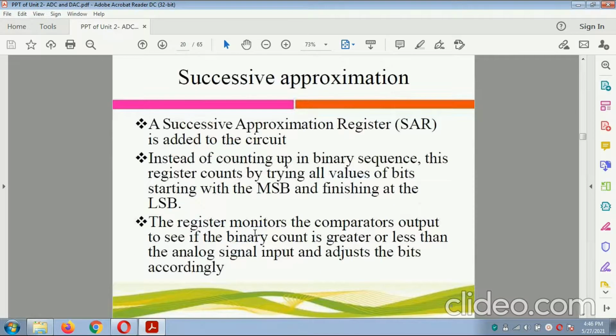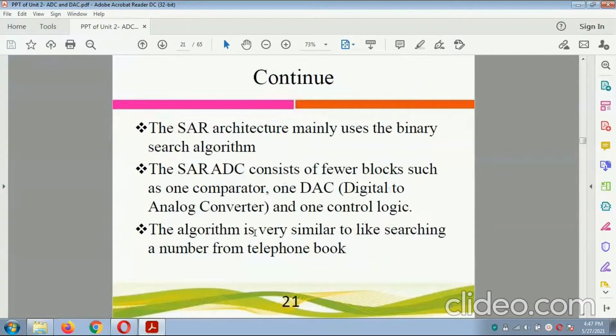The successive approximation. A successive approximation register, SAR, is added to the circuit. Instead of counting the binary sequence, this register counts by trying all the values of the bits starting with the MSB and finishing at the LSB. The register monitors the comparator output to see if the binary count is greater or less than the analog signal input and adjusts the bits accordingly.